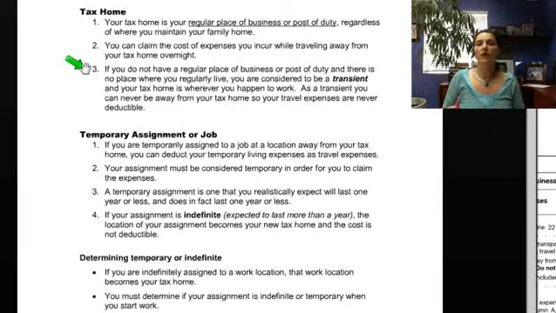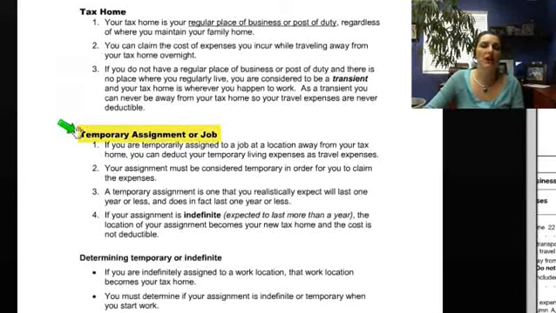And essentially, while you're away on business, you're paying for expenses to be away on business, and you're still paying all of the associated expenses for your tax home. That means you're duplicating an expense, or having the same type of expense being paid twice, and that's what makes it deductible.